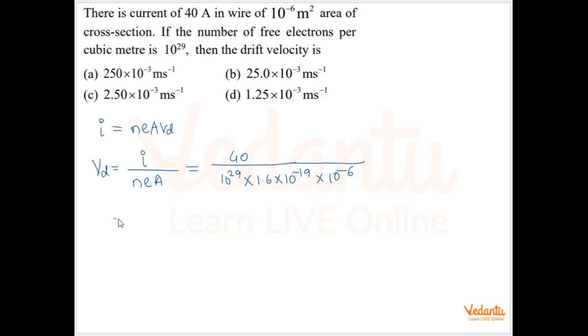This will just be beta 40 divided by 1.6 into 10 raised to the power minus 29 plus 19 plus 6. That will be beta equal to 25 into 10 power minus 4 or 2.5 into 10 power minus 3 meters per second, which is option C.